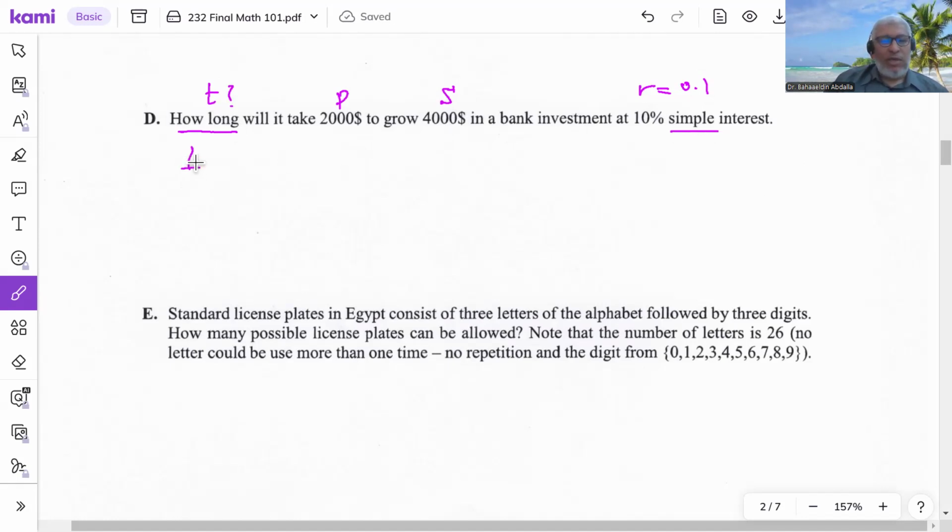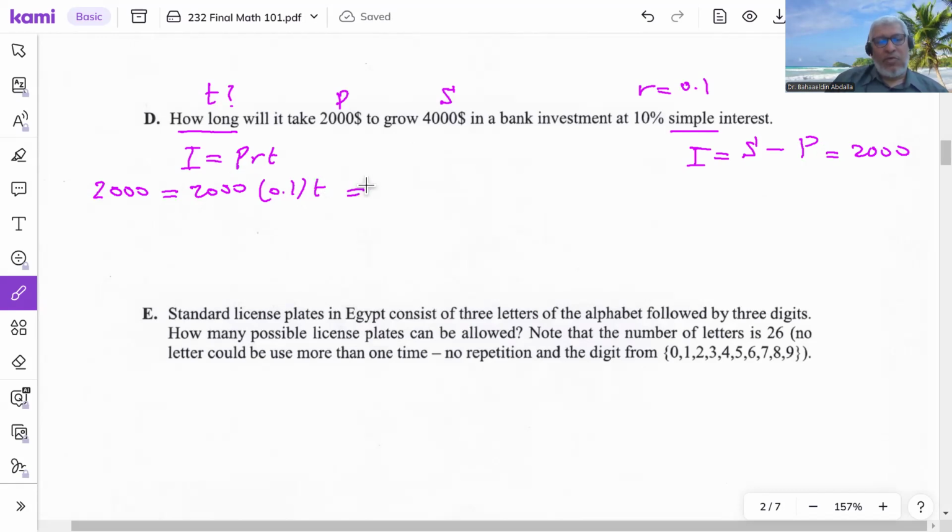So we know that I equals P r t. I is the interest. Now 2,000 to grow to 4,000, the interest is the future value minus the principal. So it would be 4,000 minus 2,000. It would be 2,000. So the interest is 2,000. The principal is 2,000. And r is 0.1 and t is unknown.